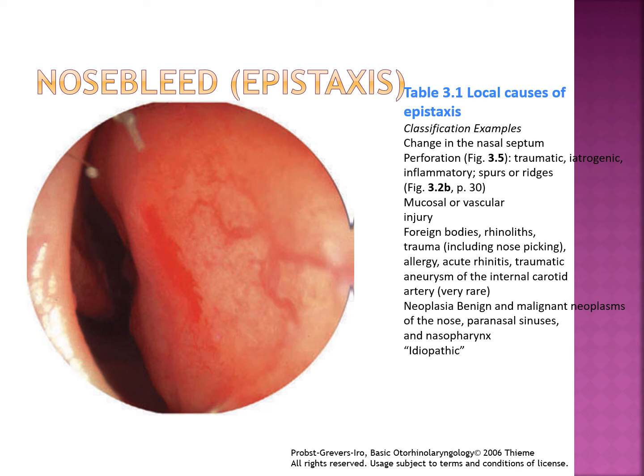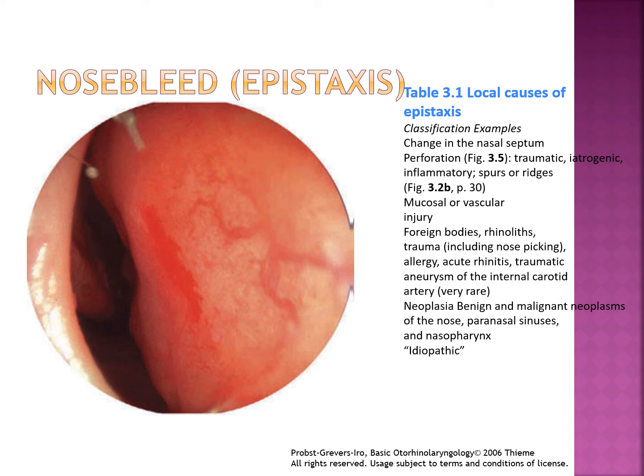Nose bleeding or epistaxis. This is the table of local causes of epistaxis. Classification examples like change in nasal septum, perforation.